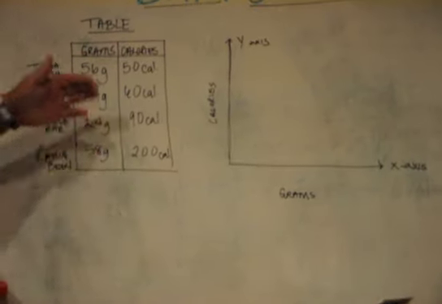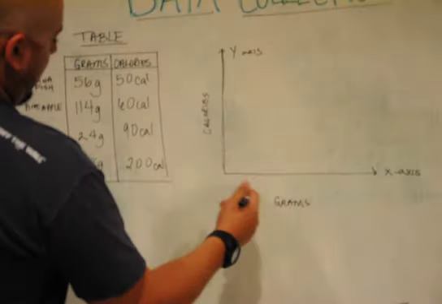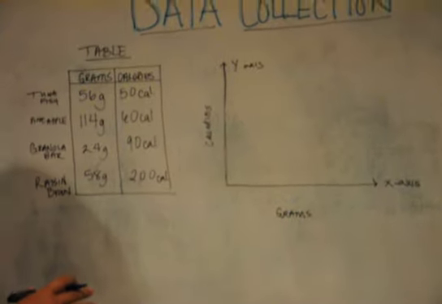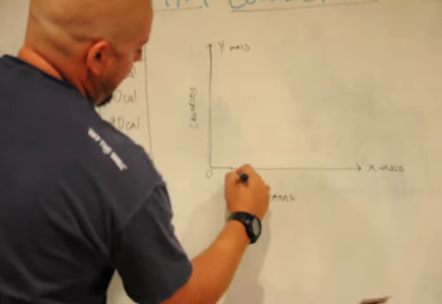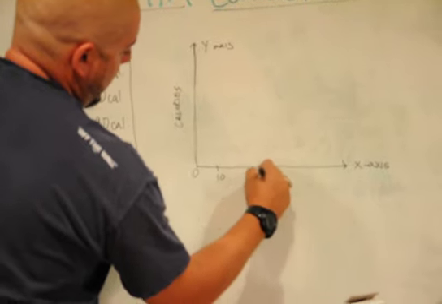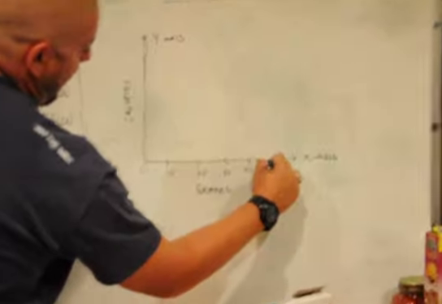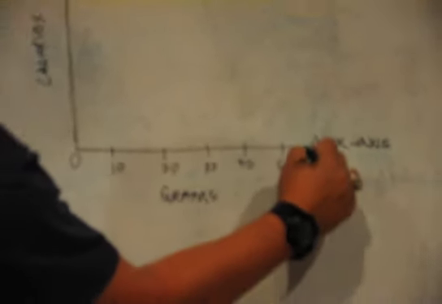And then based on my numbers here, I'm just going to kind of create some scale of some sort. I'm just going to go ahead and go by 10. It's not a big deal right now. This is just an example. Okay? So here's 0, obviously, and then I have 10, 20, 30, 40, 50, 60.